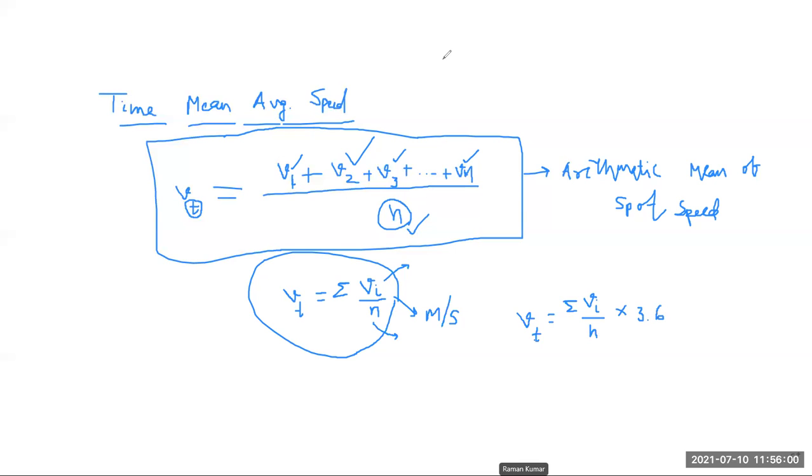Remember this formula, and this gives our Vt.